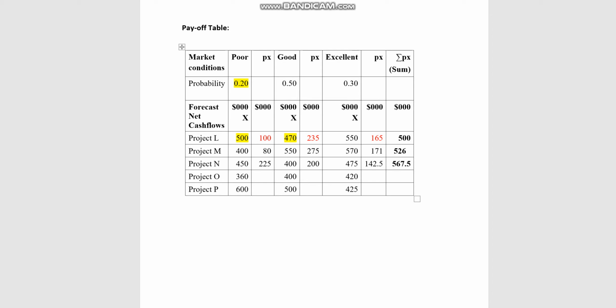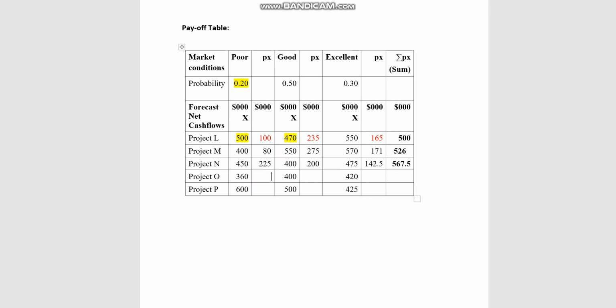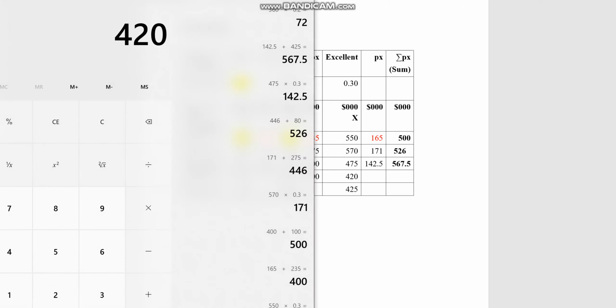Okay, so you can work out project O and project P as well. We have time, we can work it out quickly here. 0.2 into 360, times 0.2, which is 72. Then 0.5 into 400, which is 200, and then 0.3 into 420, so 420 times 0.3, which is 126.